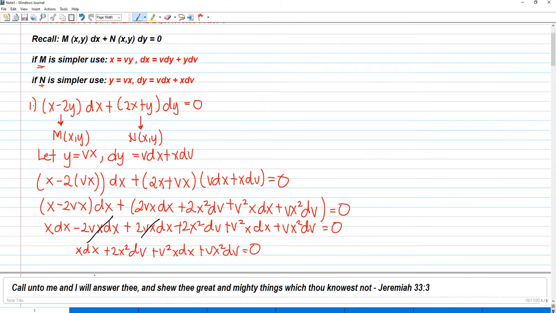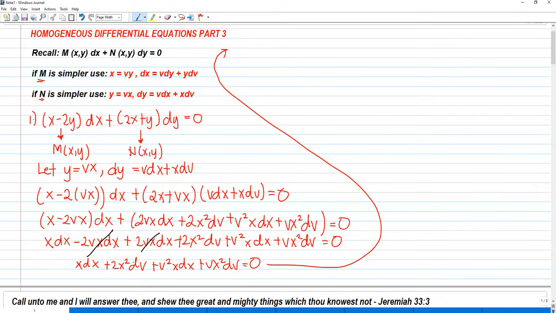Let me continue my solution here. All of the terms contain at least a factor of x, so I can factor out x from all the terms. So that I have x times dx plus 2x dv plus v squared dx plus vx dv equals 0. And I can multiply both sides by 1 over x so that the x will cancel.